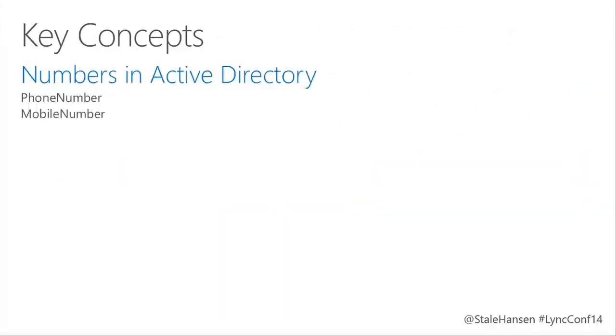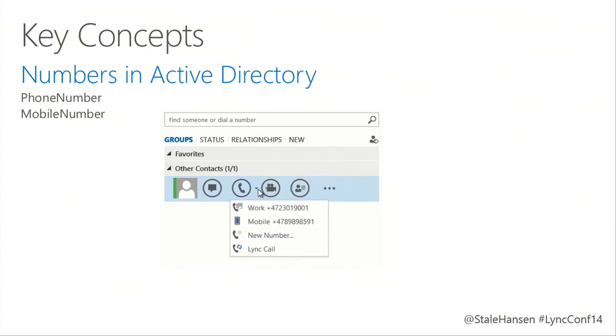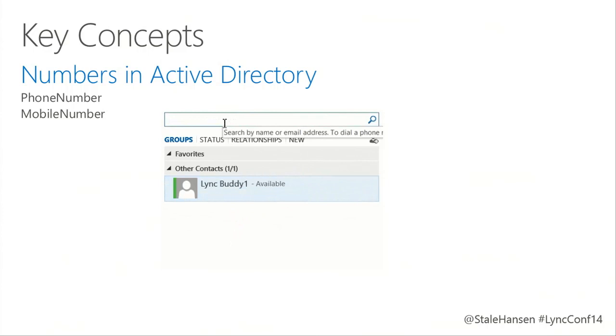Numbers in Active Directory. Phone numbers and mobile numbers in Active Directory attributes are displayed for users. And you find them by clicking on the user and using the drop-down. And you find the mobile number and the work number. And they are displayed in the correct format, and you can call them.